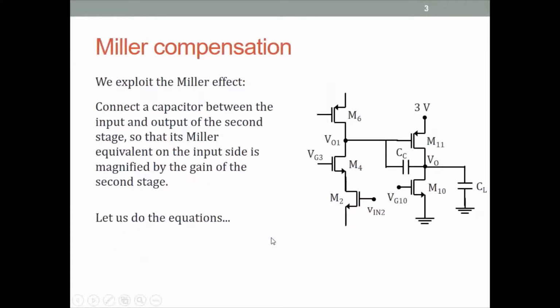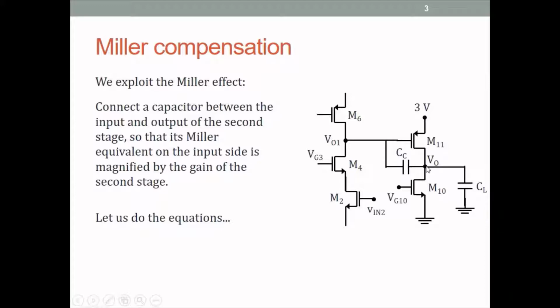And the answer is we use Miller compensation, which is, instead of connecting a capacitance from VO1 to ground, we connect another, smaller capacitance between VO1 and VO. Now, due to the Miller effect, the effective capacitance due to Cc between VO1 and ground is Cc multiplied by the voltage gain of this common source amplifier, which is a good number.